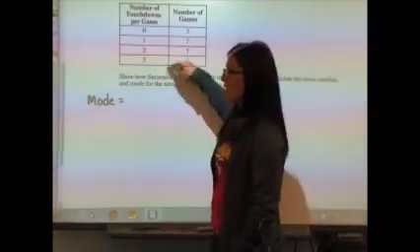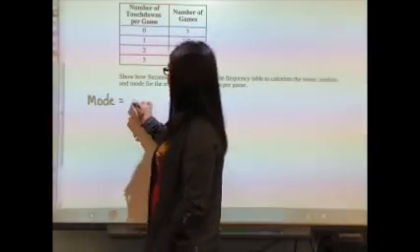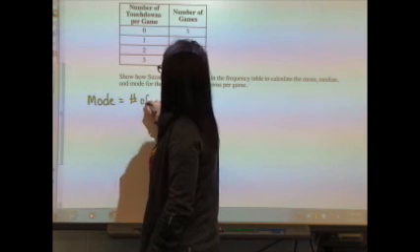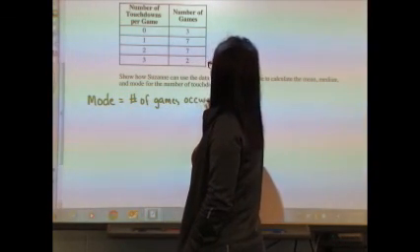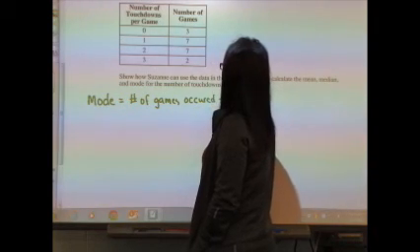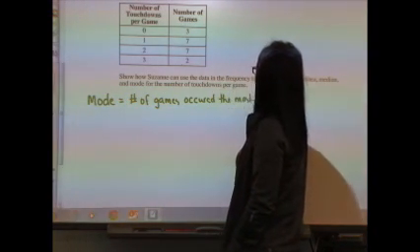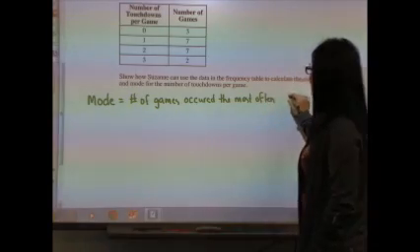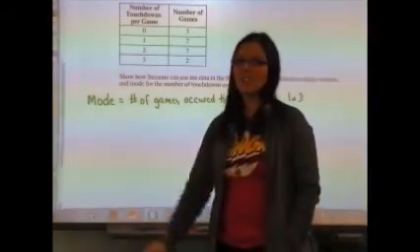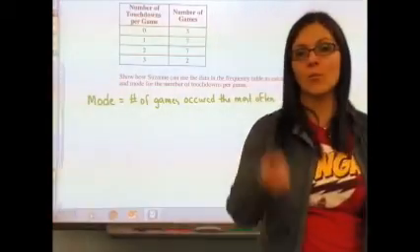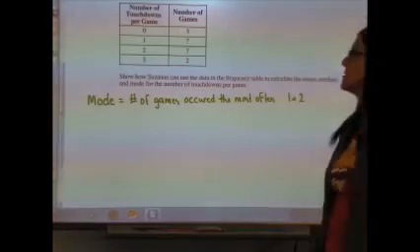I'd be looking at the number of games that occurred the most, which is still 1 and 2 touchdowns. So mode is actually quite easy to find on a frequency table because I just look at the highest frequency.